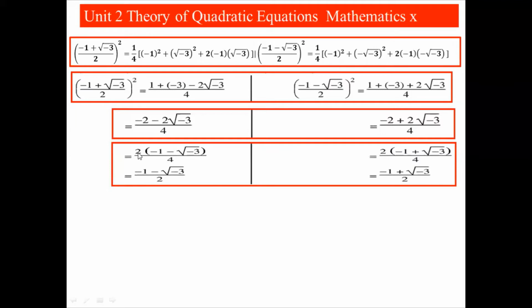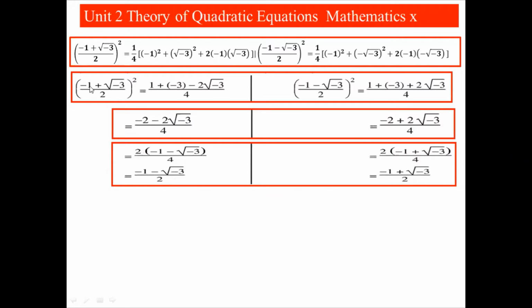Now this 2 cancels with this 4, 2 once 2 and 2 twice 4, so we have 1 by 2. So we have (-1 minus square root of -3) divided by 2, and here (-1 plus square root of -3) divided by 2.